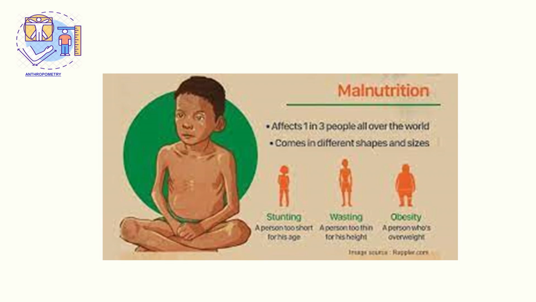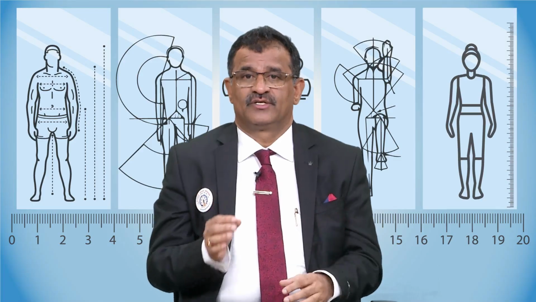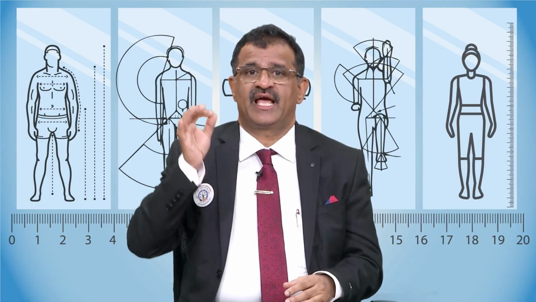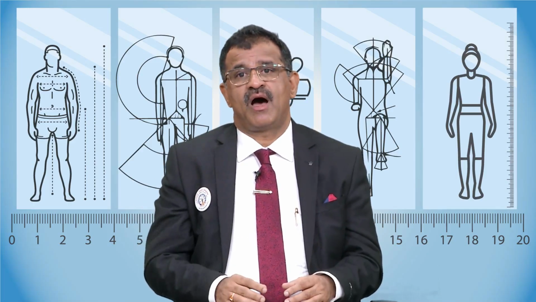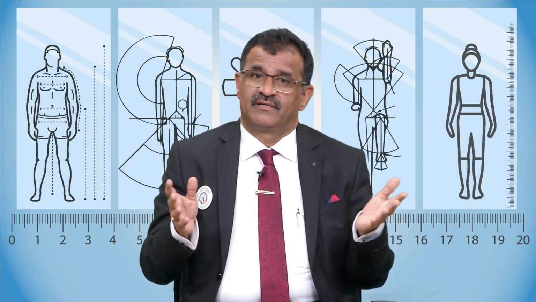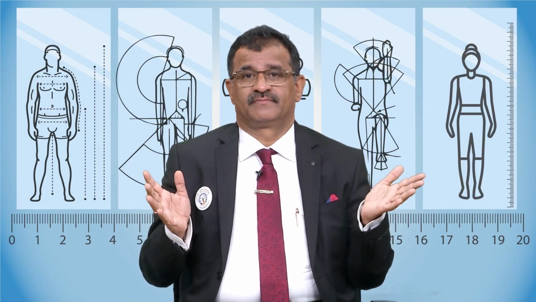A person whose weight is too high, or overweight, is called obese. So, stunting, wasting and obesity are the 3 main malnutrition disorders.